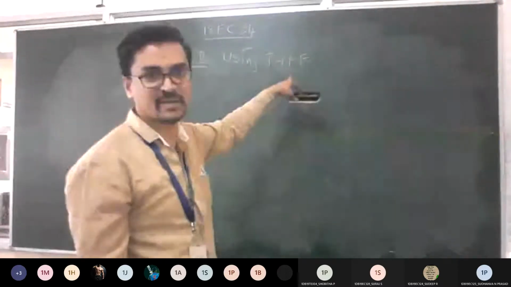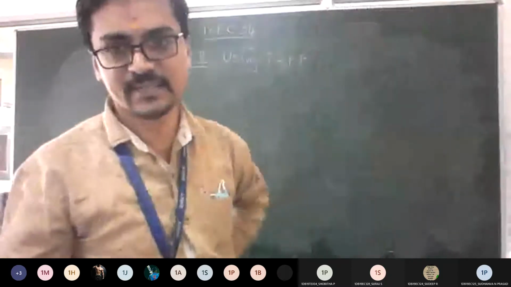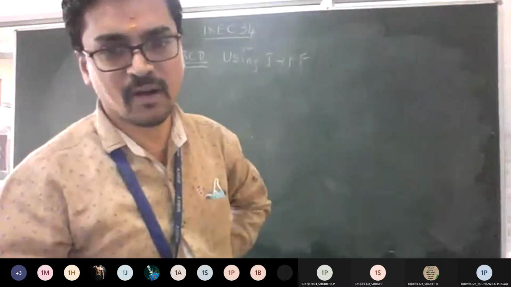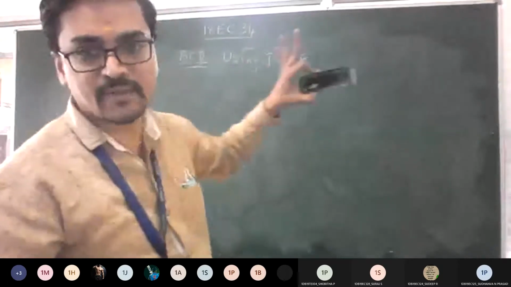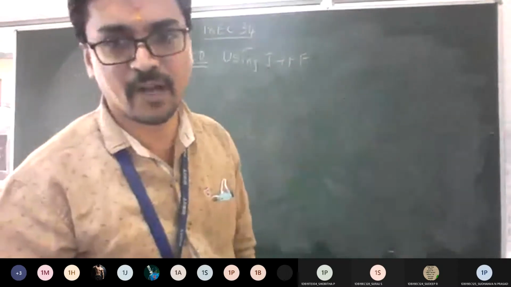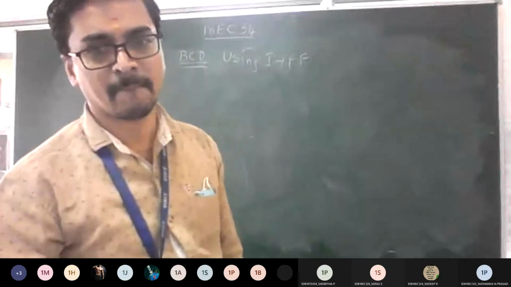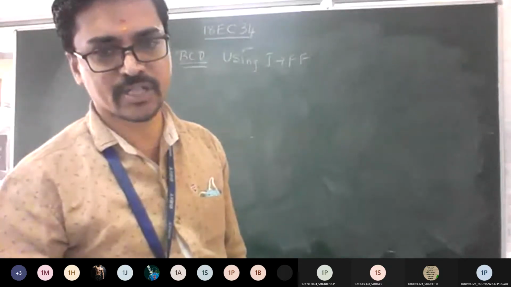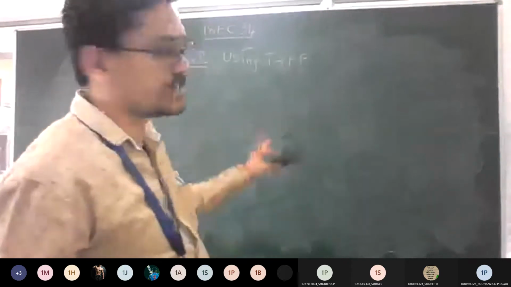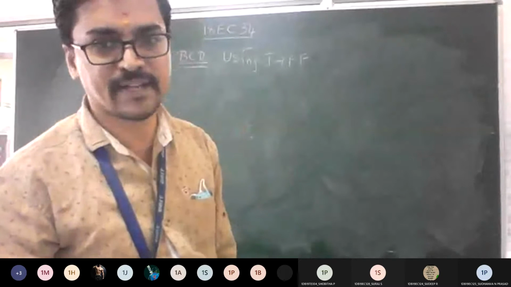Got the question? The flip-flop used can be anything: SR, D or T, whatever they ask, that is secondary. The only thing to remember is that the BCD truth table remains the same. Only the representation of the flip-flop in the diagram will be different. Otherwise it's one and the same. Got the question, everyone? We'll analyze using JK flip-flop, and the same question we'll also do with SR flip-flop. Is it fine, everyone?